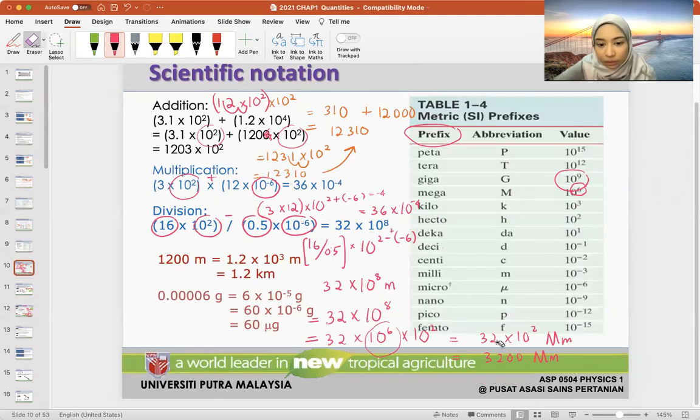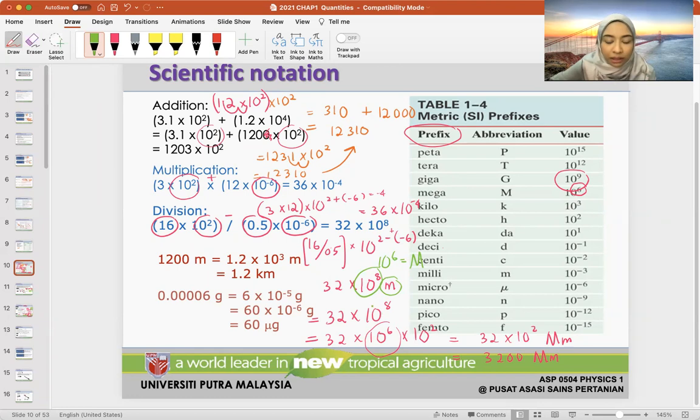I told you I wanted to convert 32 times 10 to the 8 to megameter. So the unit is meter, right. Rosie said the unit is meter, which is right. I want to change this scientific notation to 10 to the 6, which is equal to mega. So this is why the final answer is megameter.